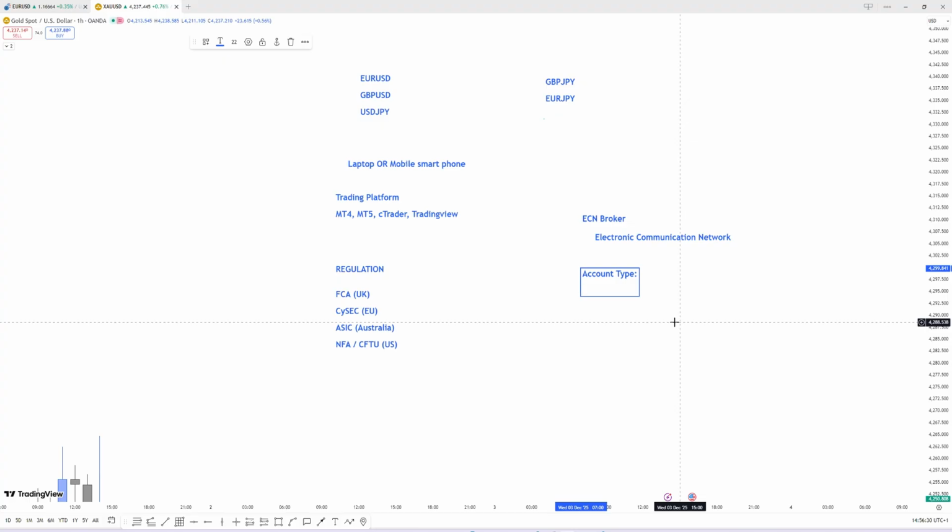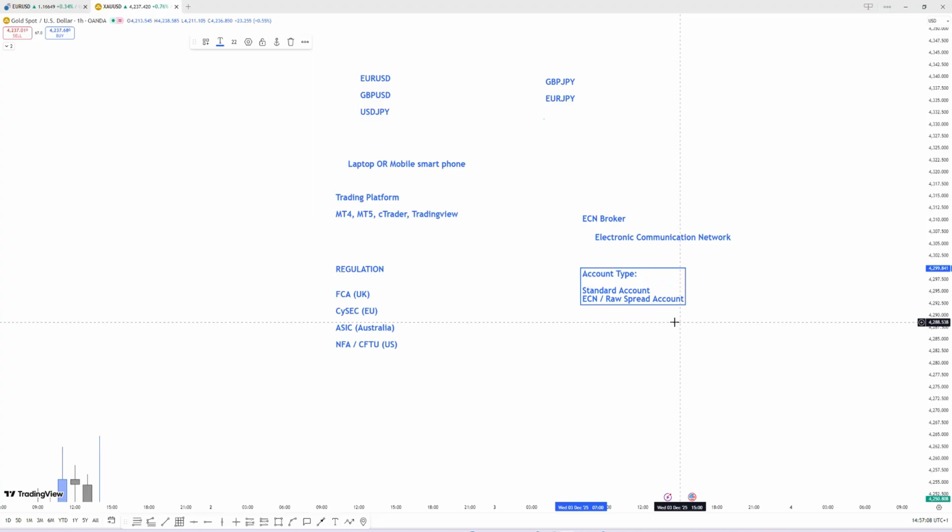So now, standard account, and the ECN or raw spread account. These are the two major types of accounts that you can get from your brokerage firm. So now, what is different? What is a standard account and what is an ECN raw spread account?